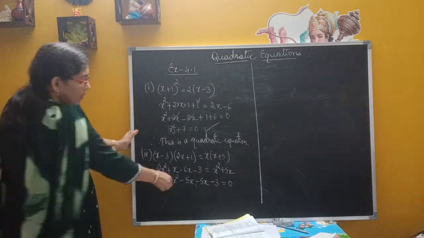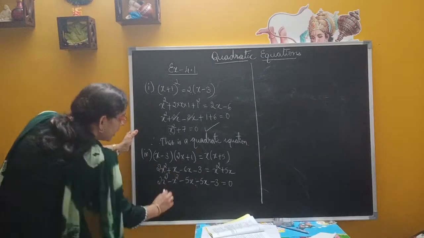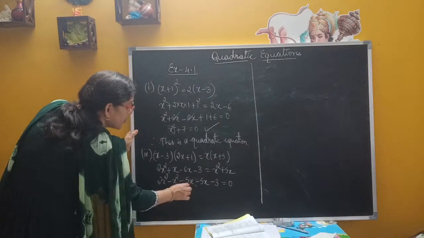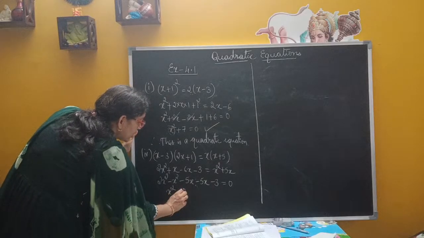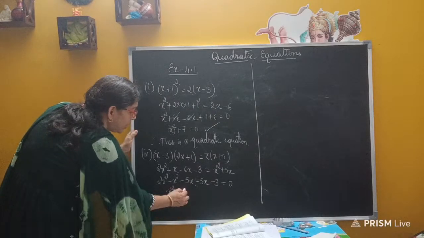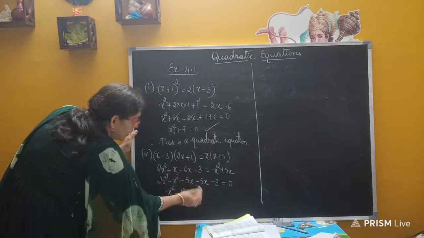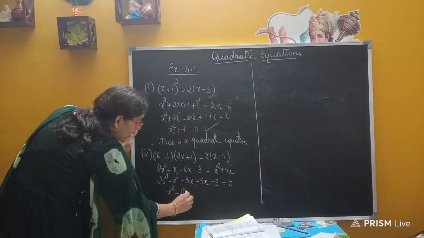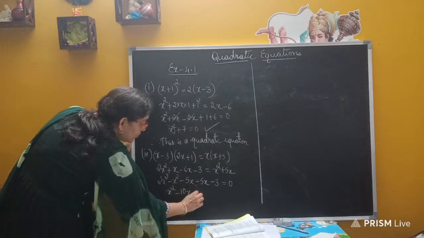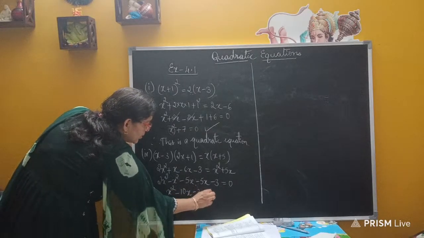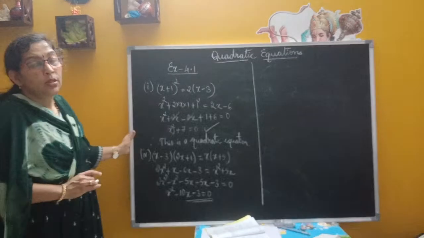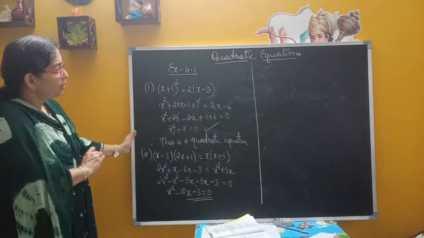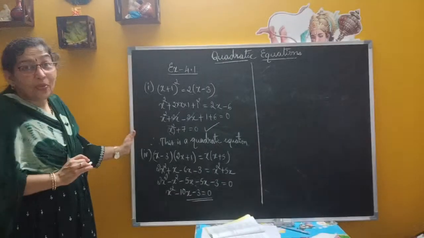2x square minus x square, what do we get? 1x square, or x square. Minus 5x plus minus 5x is minus 10x. The sum of two negative numbers is negative. So 10x minus 3 is equal to 0. It is the standard form of a quadratic equation.